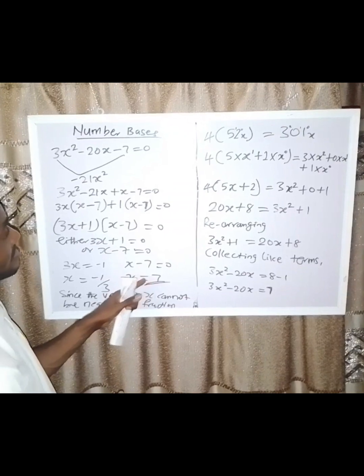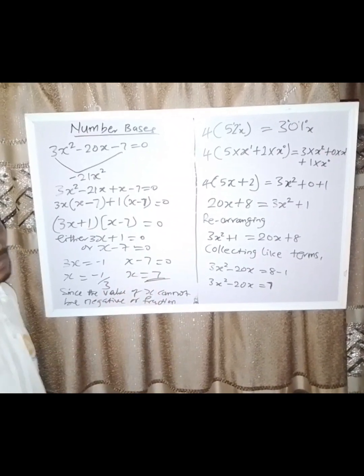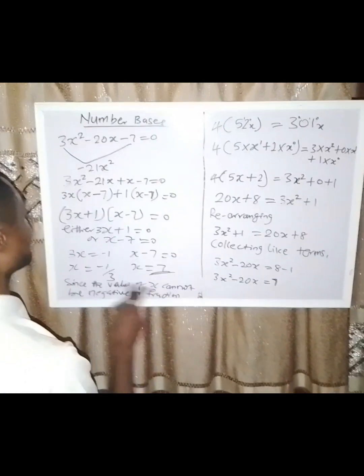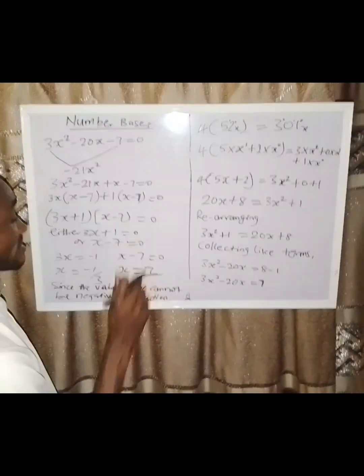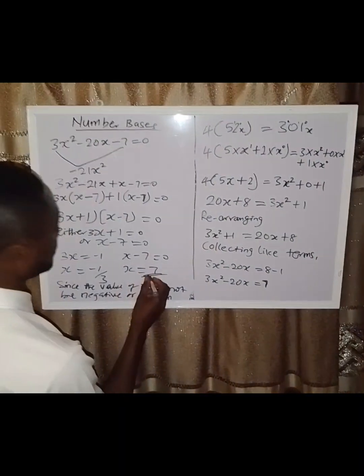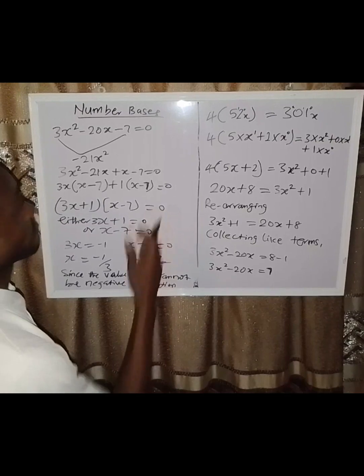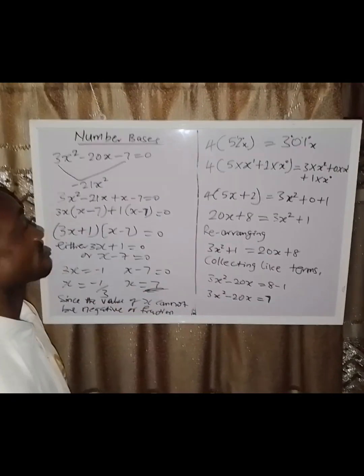So the final answer is x equal to 7. Since our x cannot take the value of a fraction or a negative value, the final answer is 7. So this is how to solve this word problem of this nature.